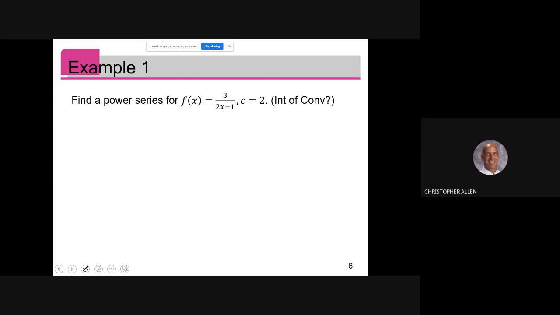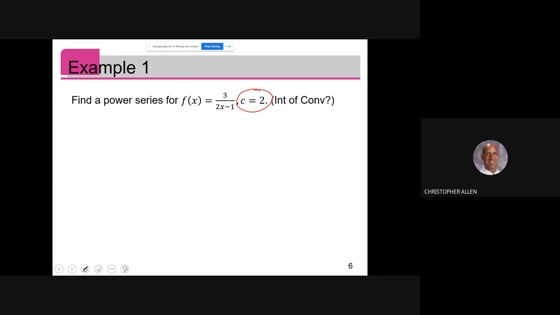This is kind of harder than just a basic one. If you look at this section in the book or online, they would do a much easier one than the harder example I'm doing. The first indication that this one's harder is that the center is not 0. If I wanted to start with a nice easy problem, I would just start with a center of 0. That would make things a lot easier. But here we go.